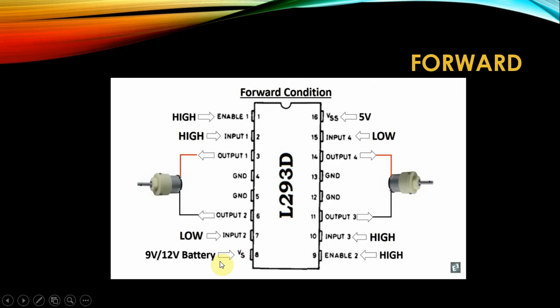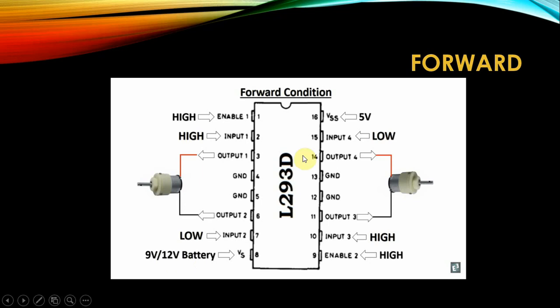Remember that this 9 or 12 volt is not for the working of the IC, that is the L293D. It is just for the working of the motor. For the working of the L293D, we need VSS. Only 5 volt is required for working of this L293D. That's why here they have given 5 volt, and here it's given a 9 volt or 12 volt battery.